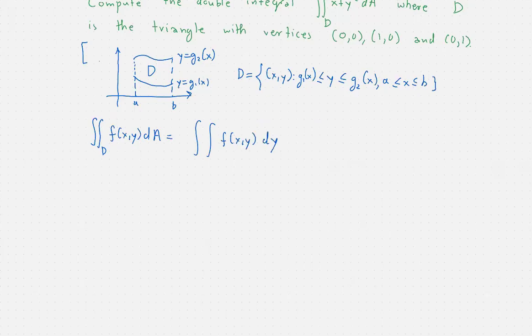So they go from g1 of x to g2 of x. And the way we can understand this is that for a given x, we integrate over exactly this segment, whose endpoints are the numbers that we get by putting x into the functions g1 and g2.